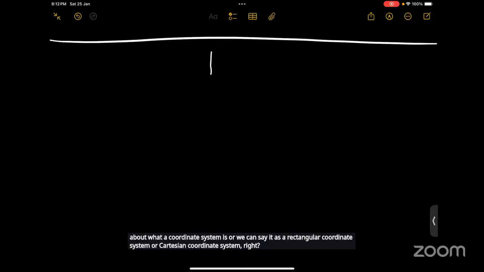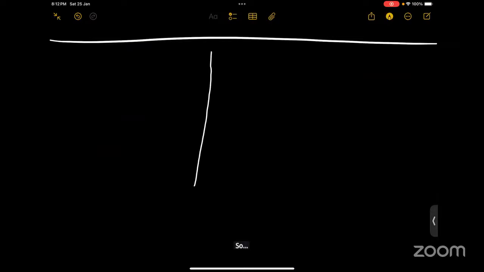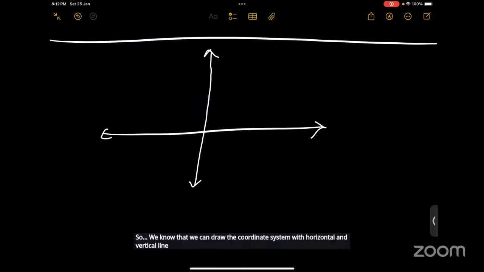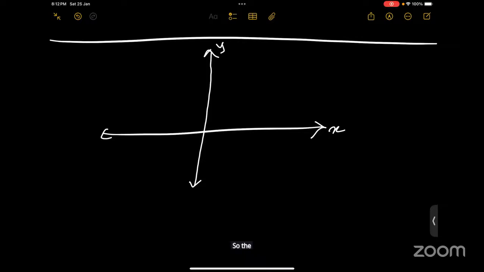So we know that we can draw the coordinate system with a horizontal and a vertical line, where the horizontal line represents our x-axis and the vertical line represents our y-axis, right? The word Cartesian coordinate system came from the Cartesian product.